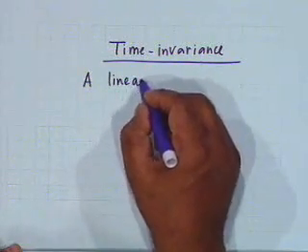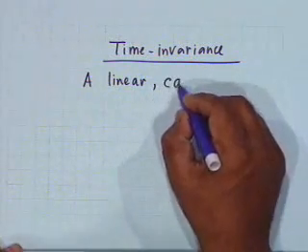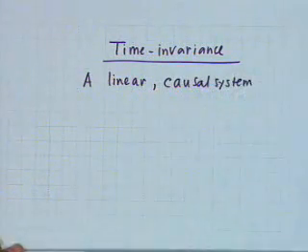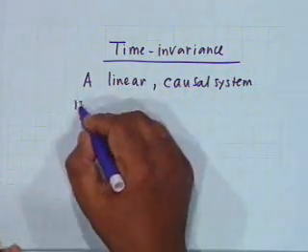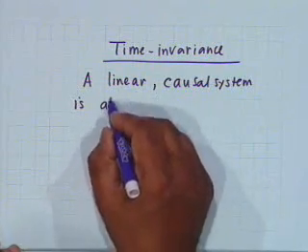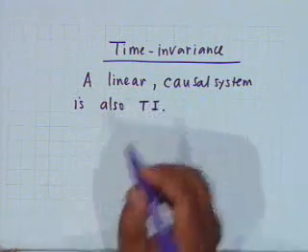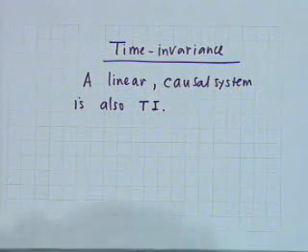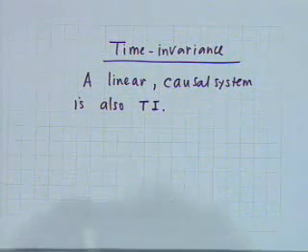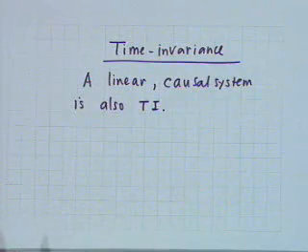A linear causal system is necessarily time invariant. A linear causal system is also time invariant. That is, if you can guarantee that the system is linear and the system is also causal, then it is necessarily time invariant. Now we shall demonstrate this.